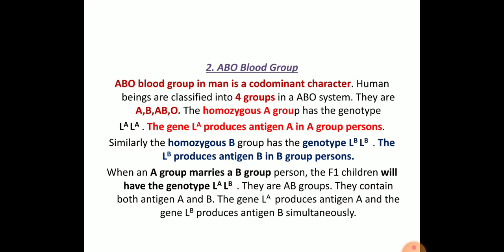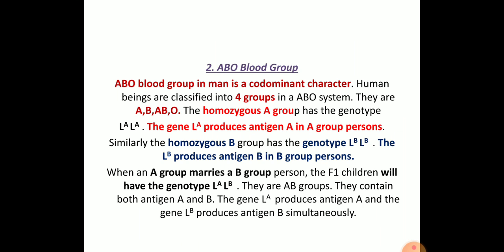In humans we have 4 different blood groups: A, B, AB, and O. The homozygous A group has the genotype LA LA, and the gene LA produces the antigen A, which leads to blood group A. Similarly for B, homozygous LB LB produces the antigen B, and that will be the B blood group.